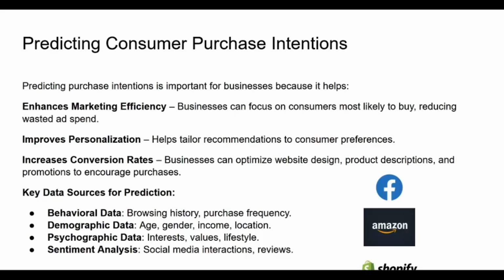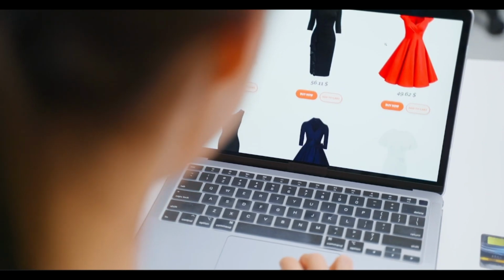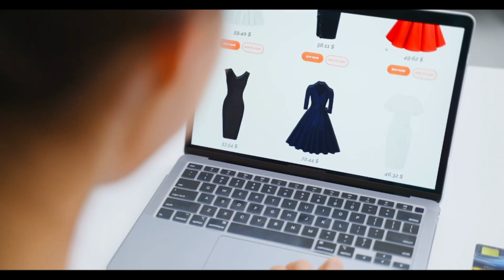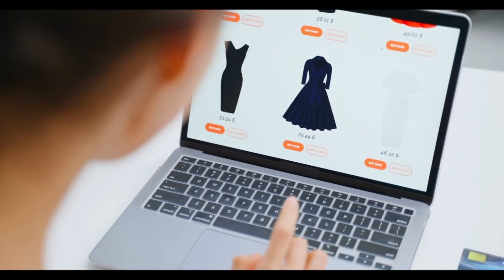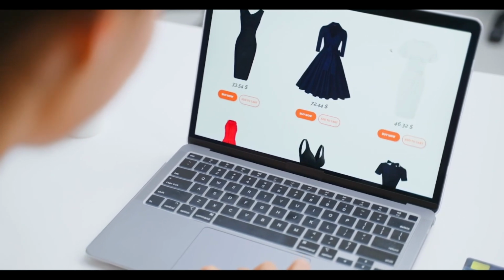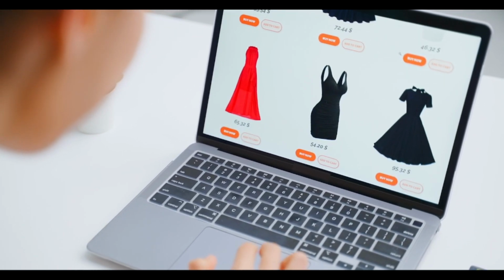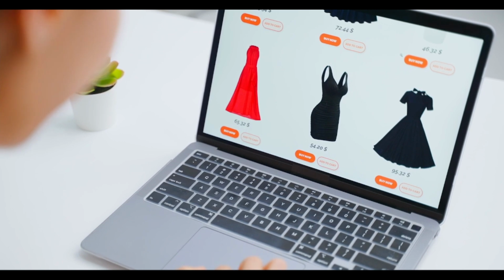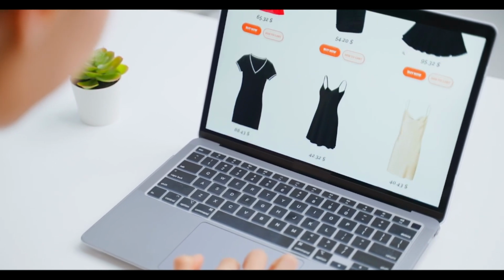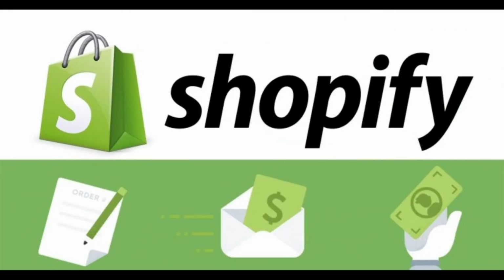Businesses can optimize website design, product descriptions, and promotions to encourage purchases. For example, e-commerce platforms like Shopify using AI to adjust pricing and offers in real time.